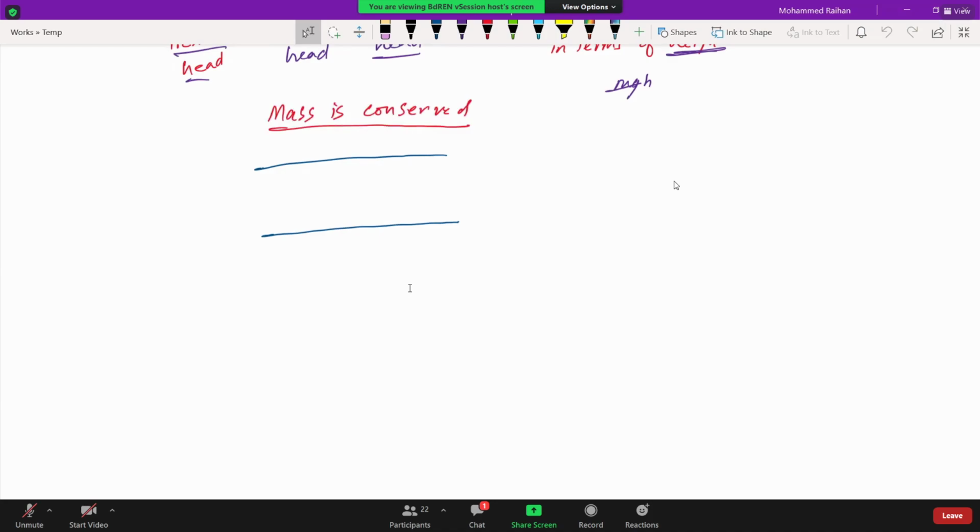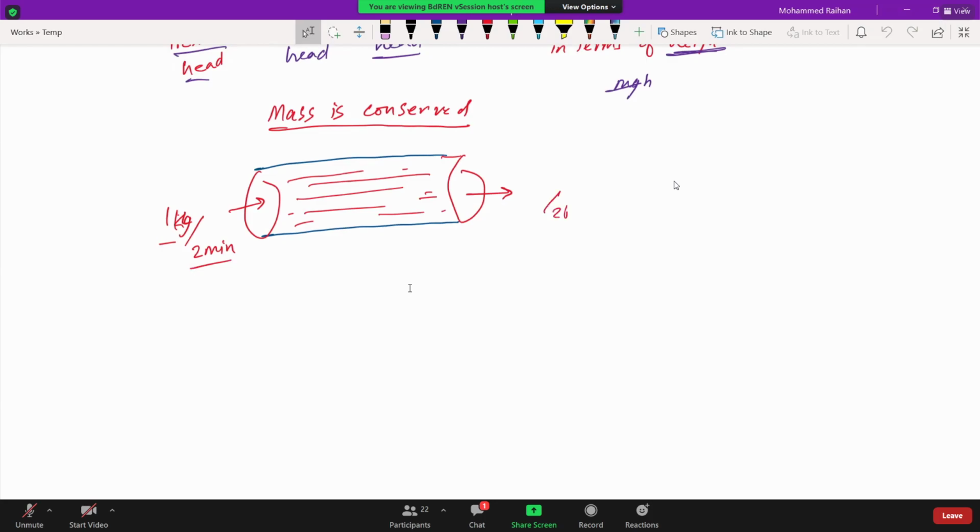So if I say I have 1 liter of water flowing in, let's say, in 2 minutes, or 1 kg, let's just make it easier to understand. Let's say this tunnel was previously filled with water, and you are letting 1 kg of water in over 2 minutes. So how much water will come out in 2 minutes? 1 kg.